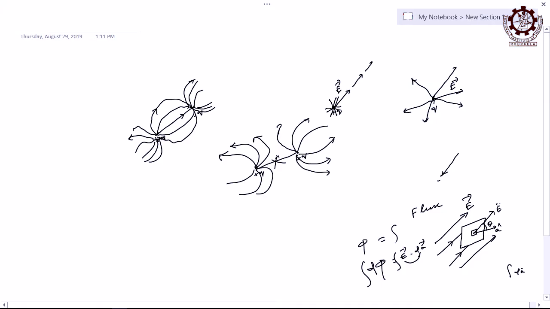So, therefore, in general what we can say is the flux phi is nothing but equal to the integration over that area of E dot dA, or it is E dA cos theta.